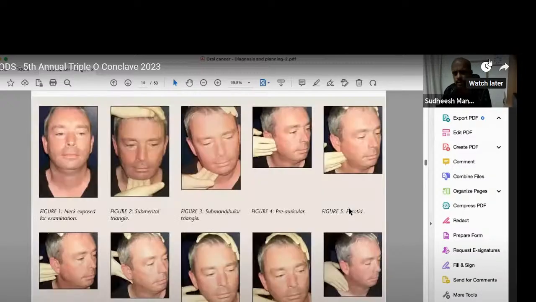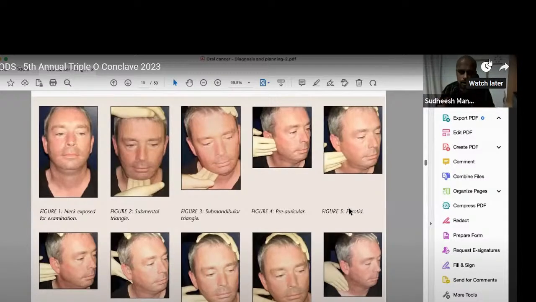I cannot demonstrate the examination of the neck because it's an online meeting. Still, the cervical lymph node stations are divided into 7 groups, level 1 to level 7. As far as oral cavity cancers are concerned, levels 1 to 5 are important.